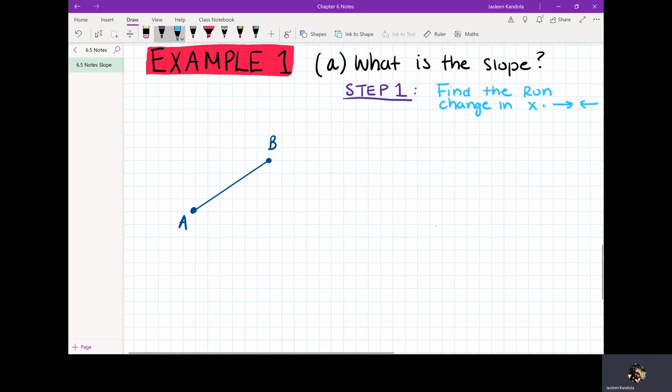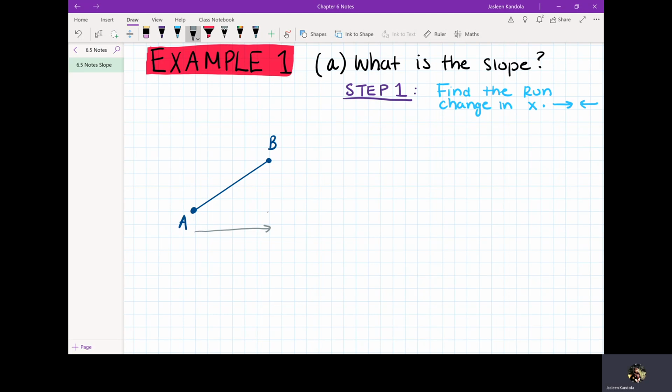I'm going to move from point A to B this way, because in order to get to point B, I have to move to my right first. That's the run, x.